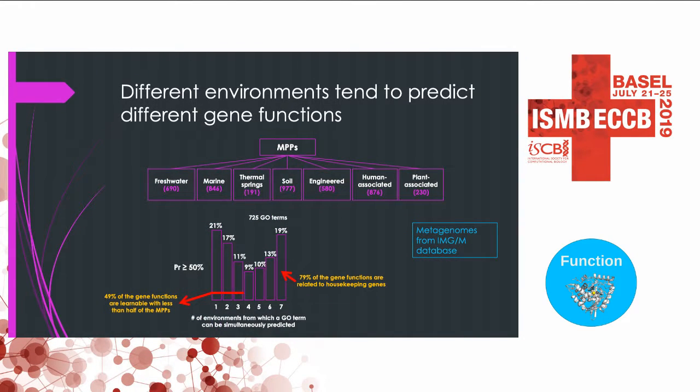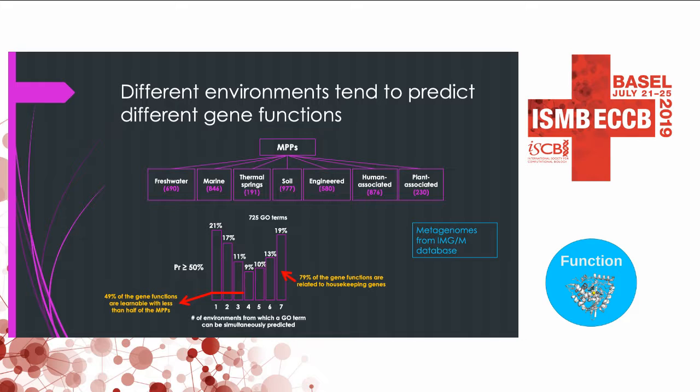Next, we wanted to see whether we can see a similarly high level of complementarity with more than two environments. So we collected metagenomes from 7 environments like freshwater, ocean, soil, human-associated metagenomes, and so on.